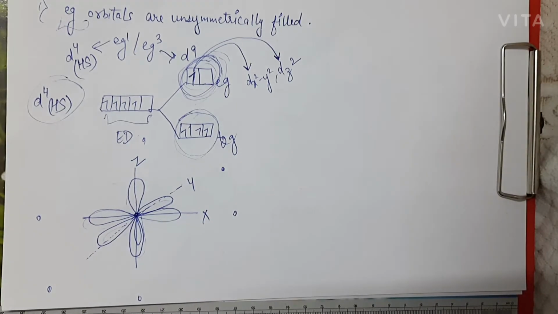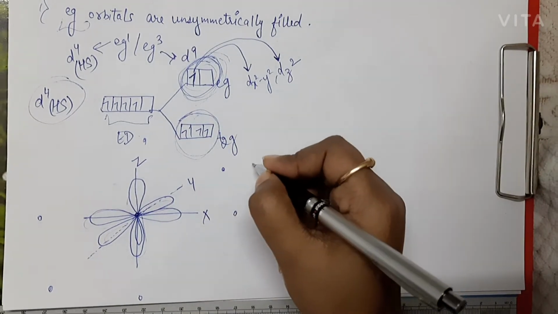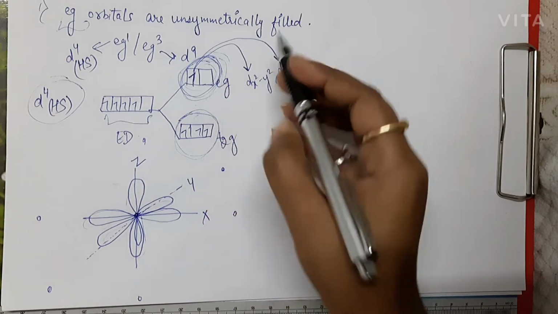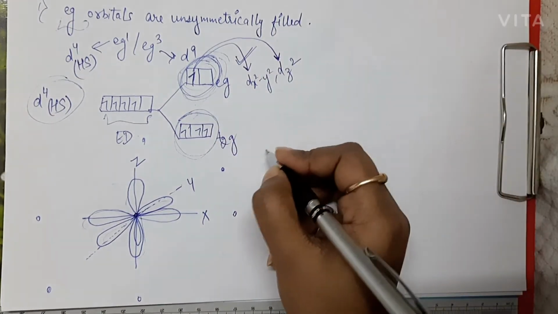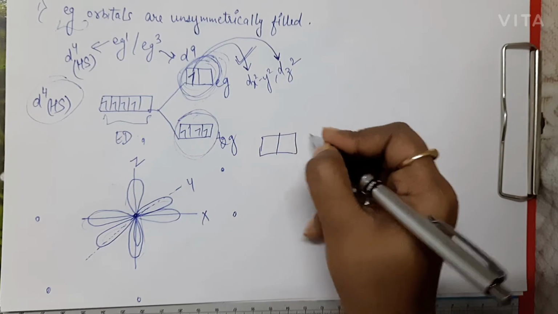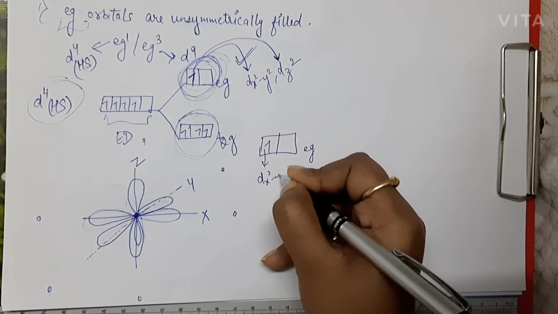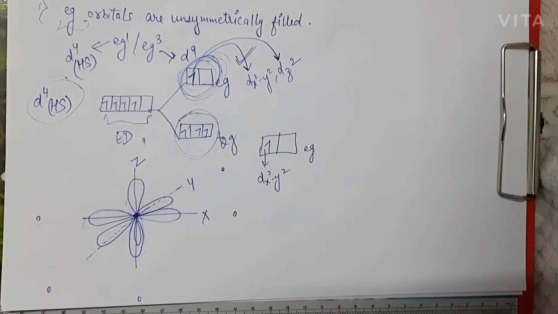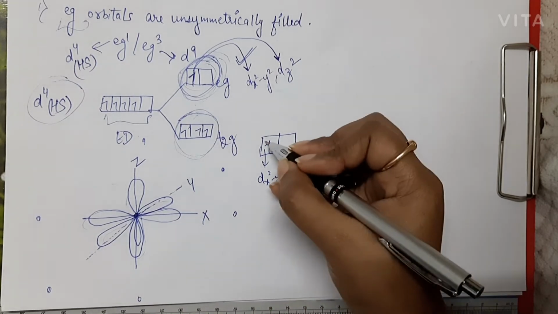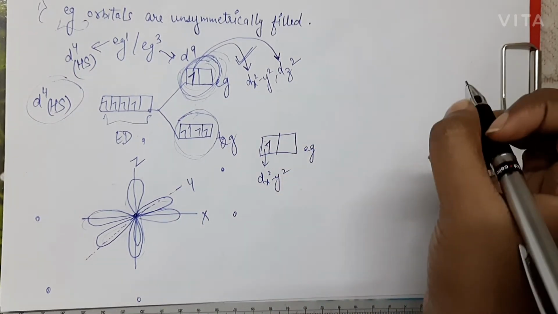Now I am supposing right now that the electron is in the dx square minus y square orbital. This is what I am observing first, that this electron is in the dx square minus y square orbital.